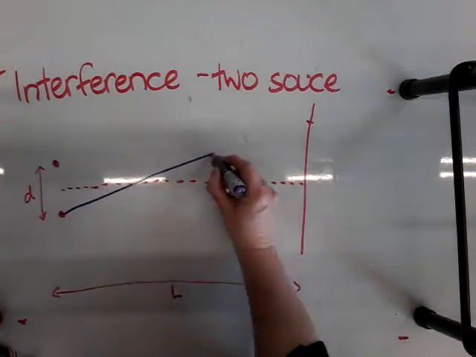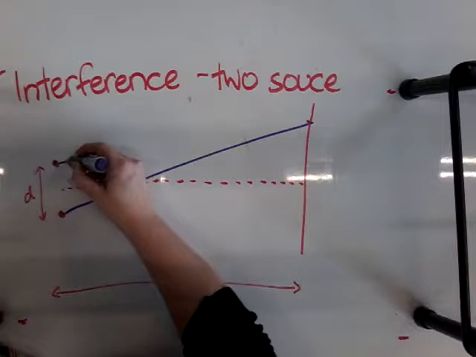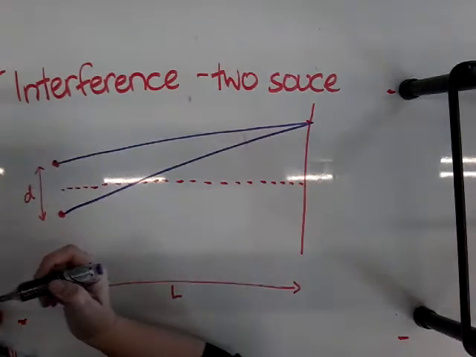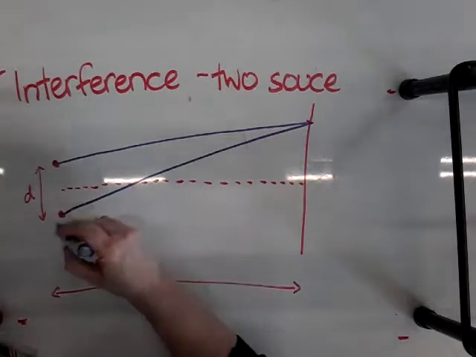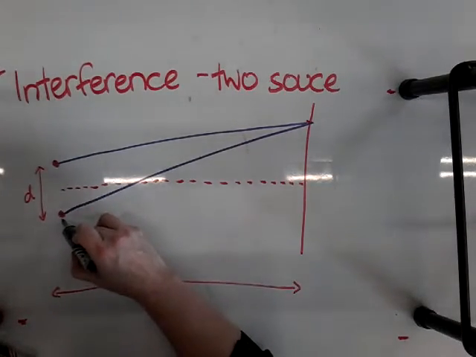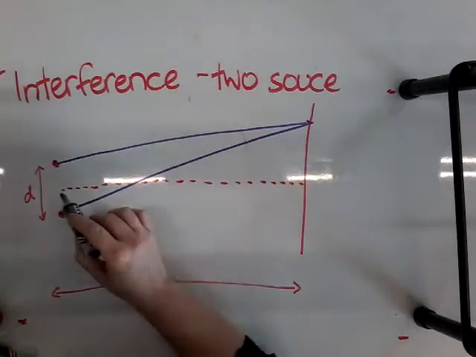So what we can do is, please excuse again my terrible drawing, there's a path difference between these two wavefronts. This is how far the wave has to travel to get from this source to there and that source to there.